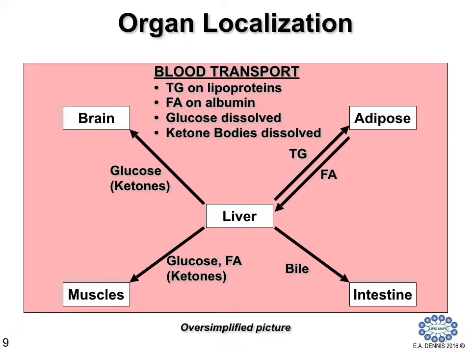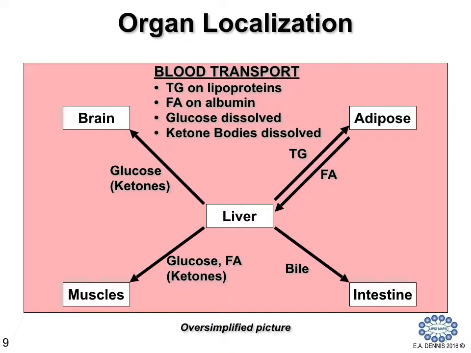The liver is at the center of metabolism, and it is very involved in the breakdown of metabolites and their oxidation. It sends out glucose for brain function, and also, under conditions of starvation, ketone bodies.